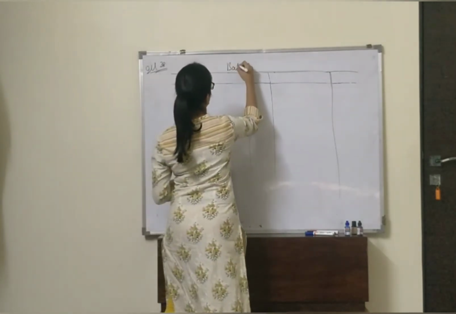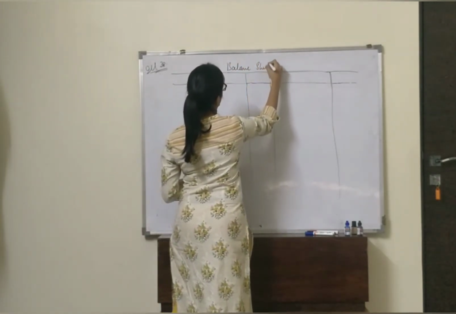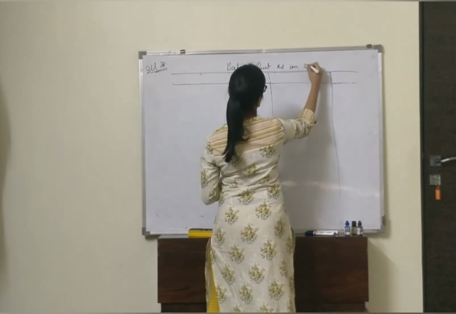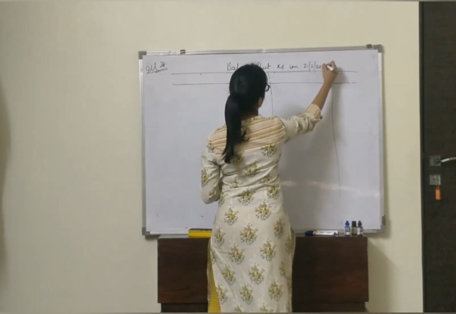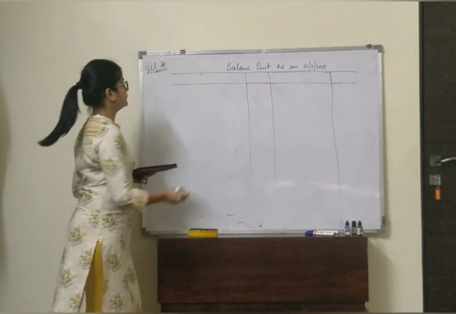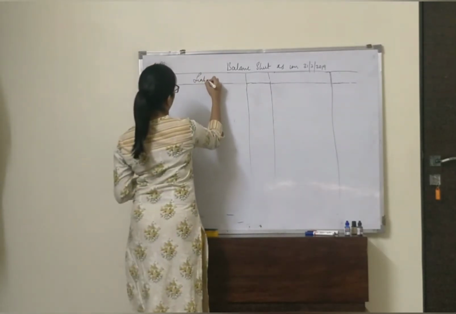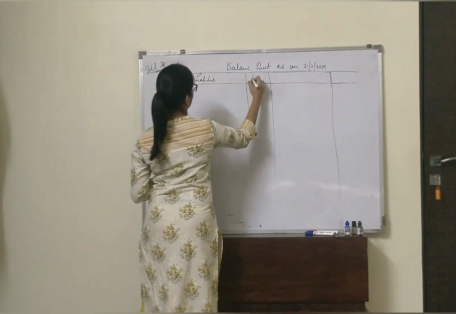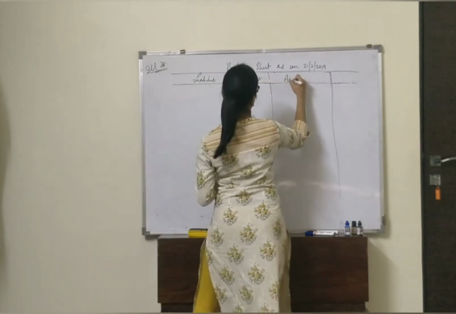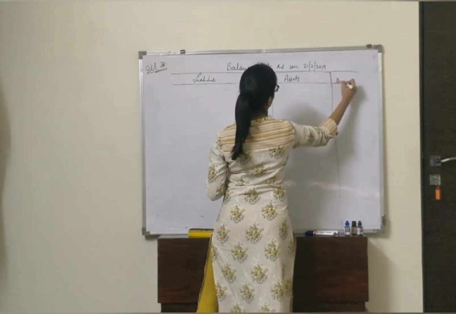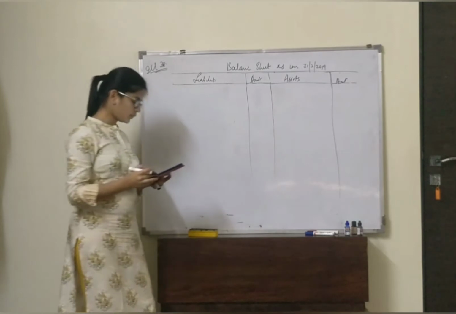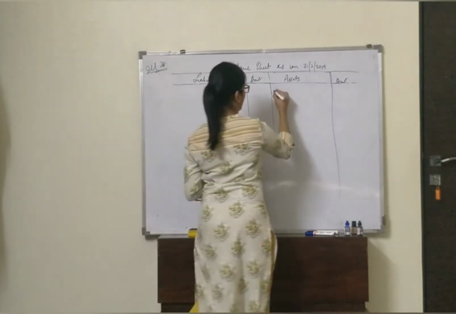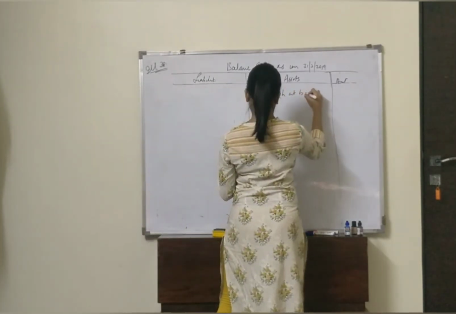Last we have is our closing balance sheet. Balance sheet as on 31st March 2019. We have liabilities, amount, assets, amount. First on the asset side we have cash at bank.